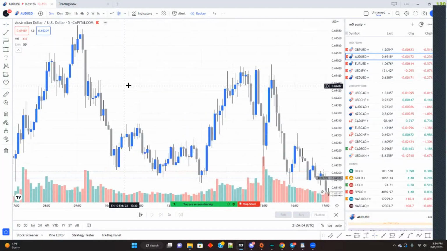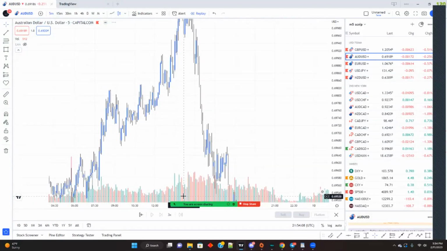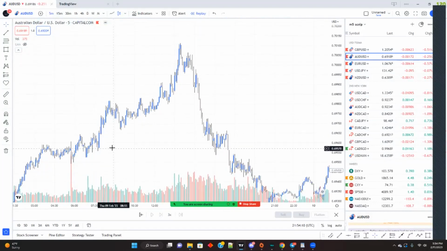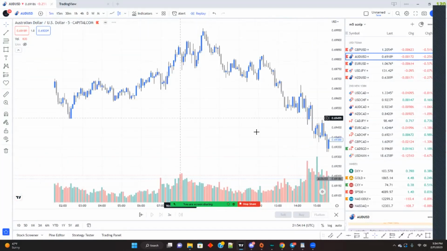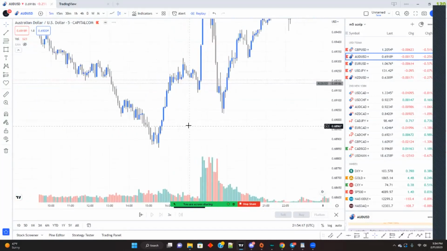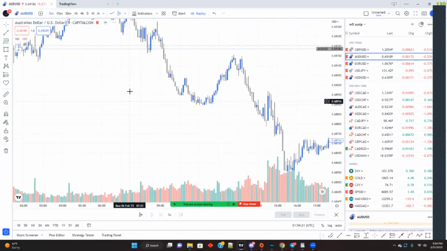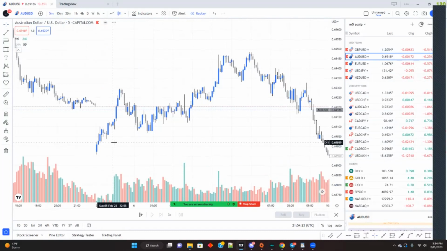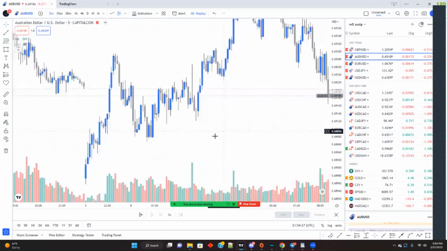Was there a setup on AU that one day? Just pick something nice. I'm looking at them, but I'm not paying attention to them. That gap, I remember that gap. Okay.